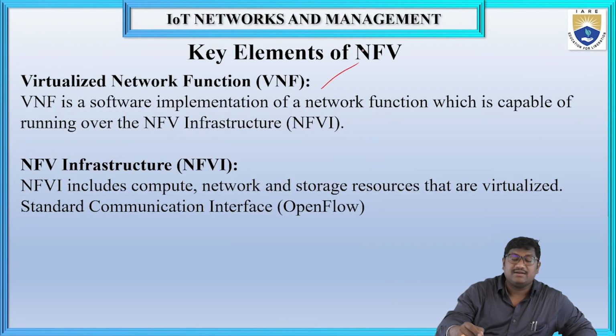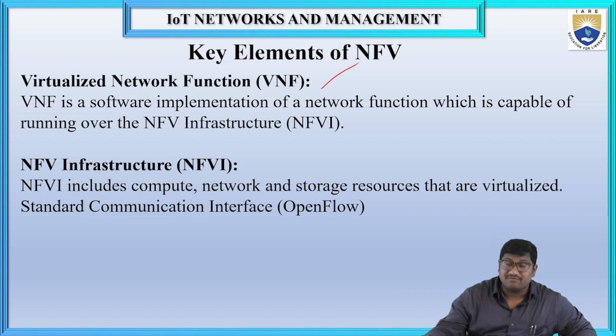Virtualized network function is software implementation of a network function with the capability of running over the NFV infrastructure. The NFV infrastructure includes computing, networking, and storage resources that are virtualized, with standard communication APIs, which is OpenFlow, I can say, guys.